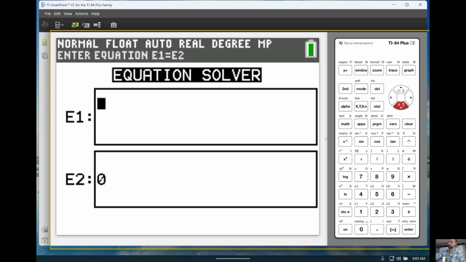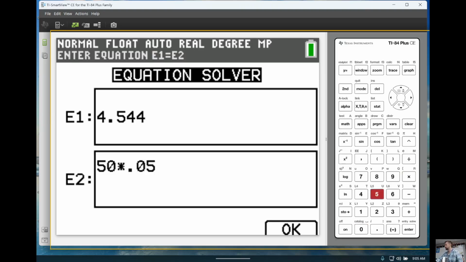That's perfectly valid. Oh, well, you can see it now, actually.